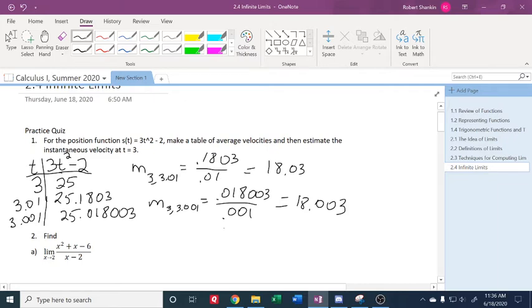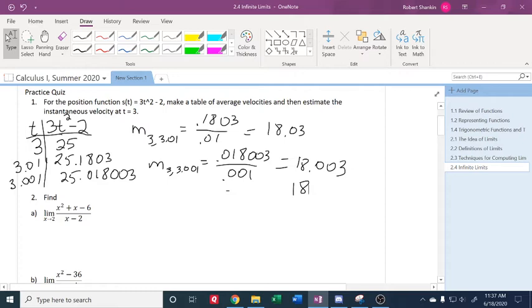And so my estimate of the instantaneous velocity, I'm going to guess that the instantaneous velocity is 18 exactly, since they're getting quite a bit smaller as we're moving down here. We've done a fair amount of these lately, but it's a really foundational type of problem, so I just want to double check on this.